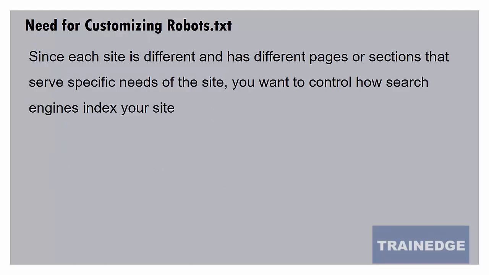Why we need to customize or update the default robots.txt file is because every site has a different structure, different pages, and folders which may or may not need to be indexed. So the site owner would want some control over what is indexed and what is not indexed on the site.